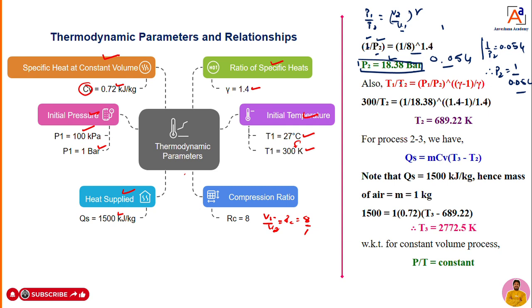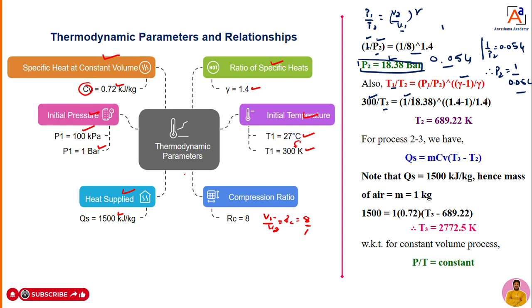Once you know that, with the help of T1 and T2, during the adiabatic compression process, for the variation of temperature with pressure, we can write one more equation: T1 by T2 is equal to P1 by P2 to the power of gamma minus 1 divided by gamma. T1 he has given as 300 Kelvin, but T2 I don't know, keep it as it is.